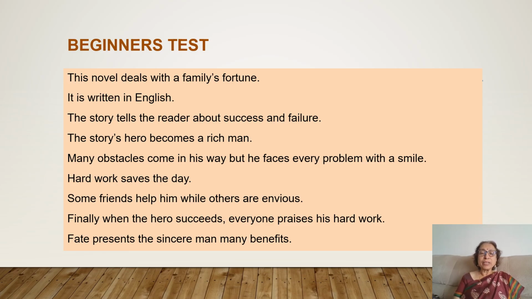As usual for the beginners, although it is a continuous paragraph, I have broken it up into simple sentences because often I get this suggestion that we want simple sentences. We want more sentences which are simple. So here you have a series of very simple sentences. This novel deals with the family's fortune.